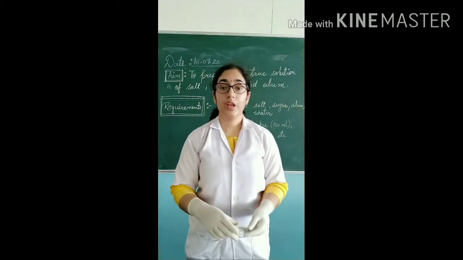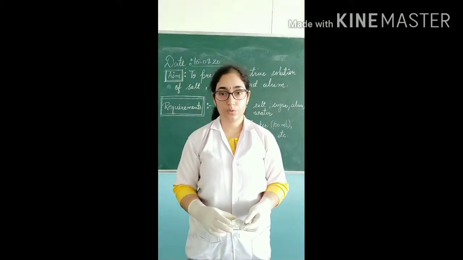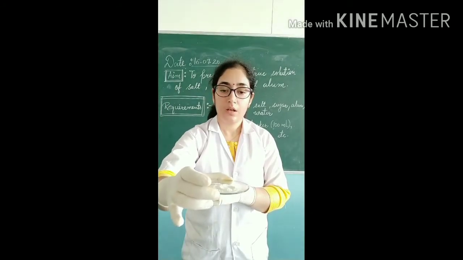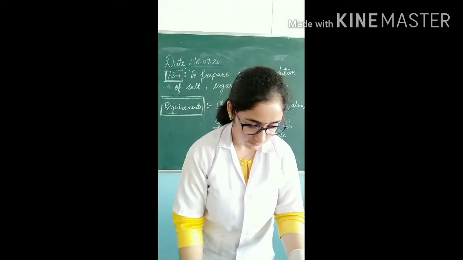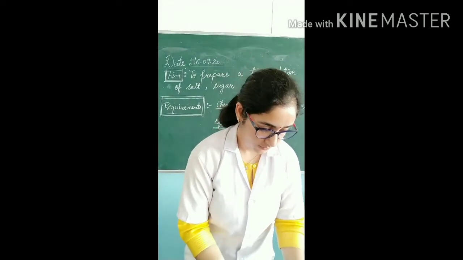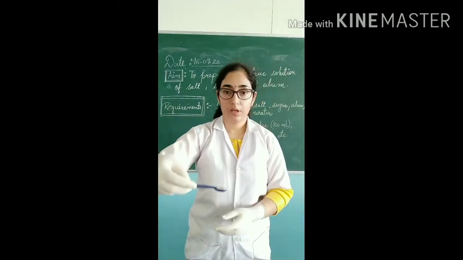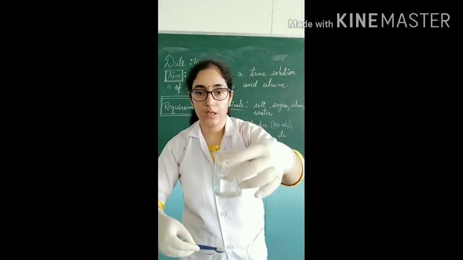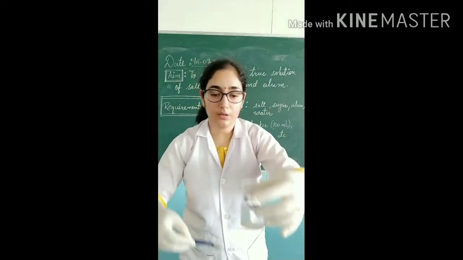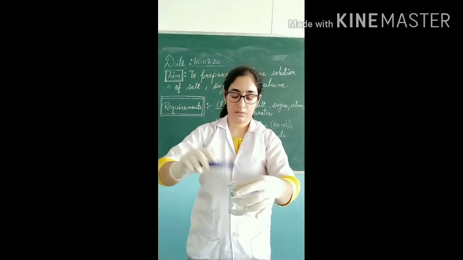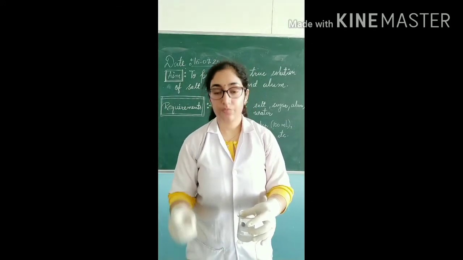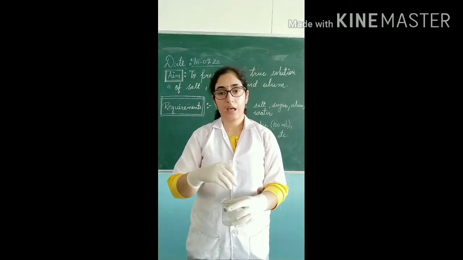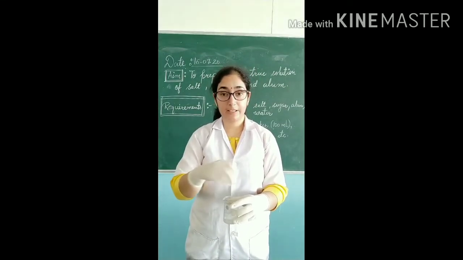Now we are going to make a true solution of alum. I have taken powdered alum. I am going to take one spatula full of it and put it into the same amount of water, and now we are going to dissolve it. Alum is also known as fitkari in Hindi.